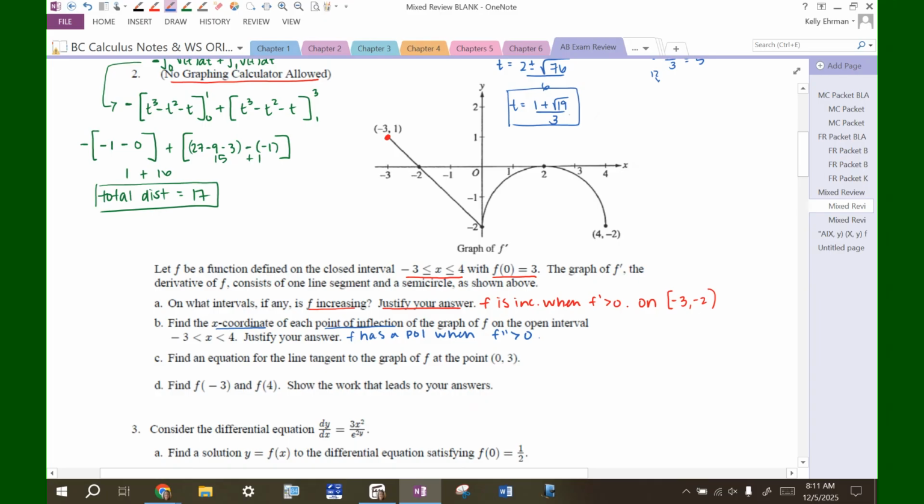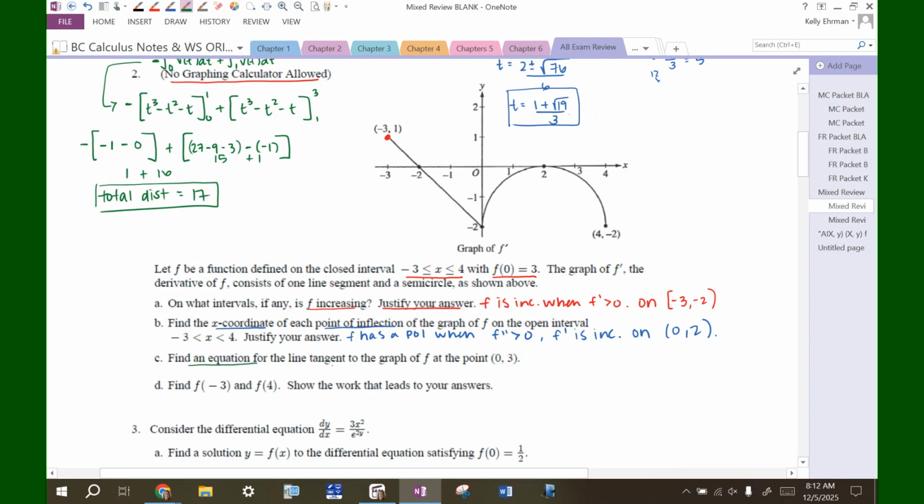So f double prime is positive, which is also when f prime is increasing, right? Because f double prime is the derivative of f prime. So if something's derivative is positive, that thing is increasing. So now I just need to give the intervals where f prime is increasing. So f prime is increasing from x equals 0 to 2, and that's it.